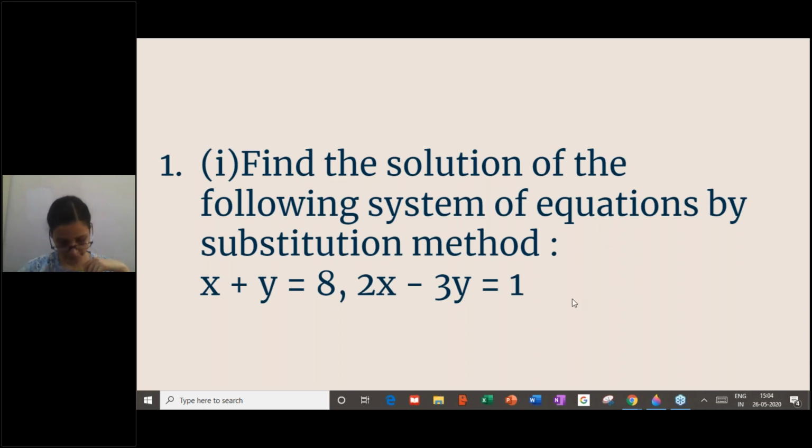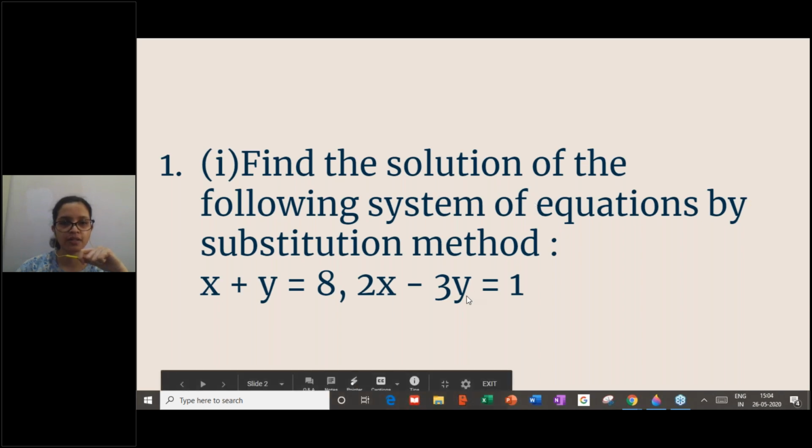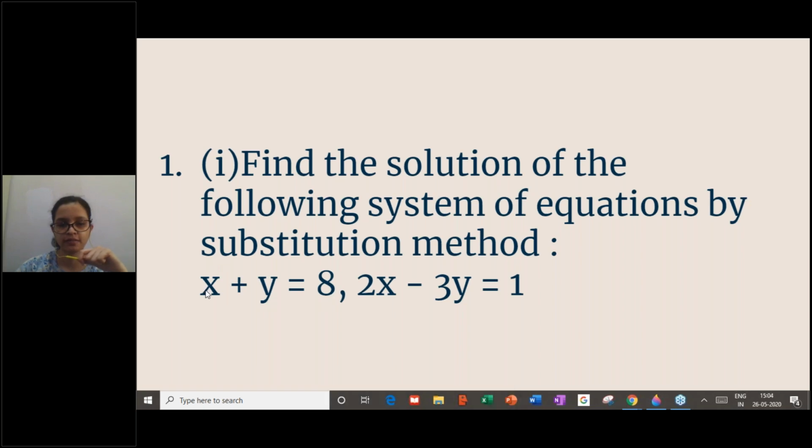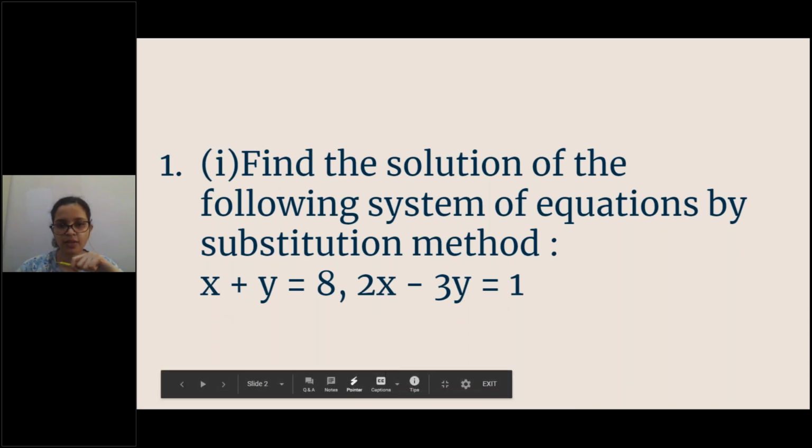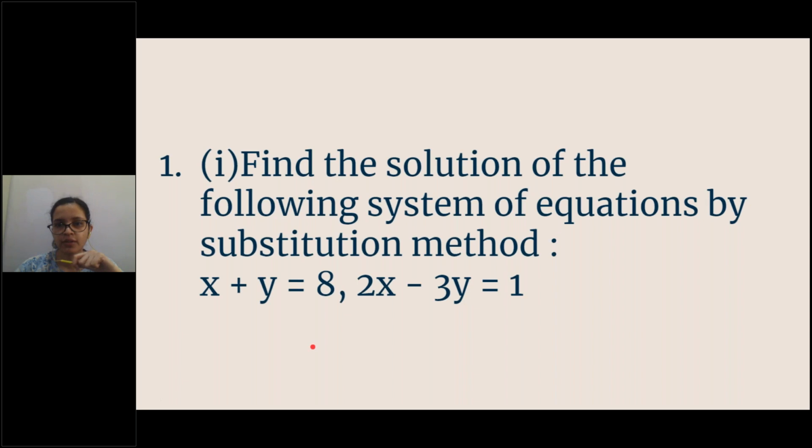Your answer is correct. In the substitution method, you choose one of the two equations and write either x or y in terms of the other. So in this case, if you take x as 8 minus y, then substitute the value of x in the second equation, you get the answer.